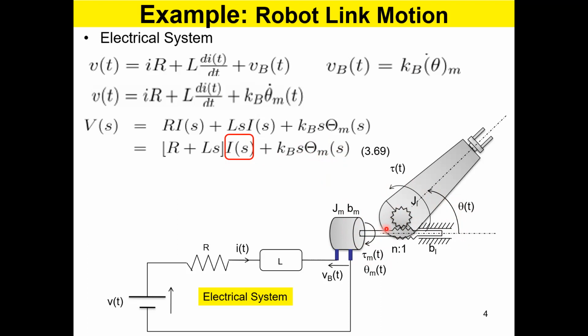It's about 100 to 1, or 60 to 1, or 50 to 1 kind of ratio. So therefore, if I know theta M, I know theta as well. So that I can adjust. But Is is something that I don't want to be in the final equations, right? So I want to get rid of Is, current. Fine, let's move on.